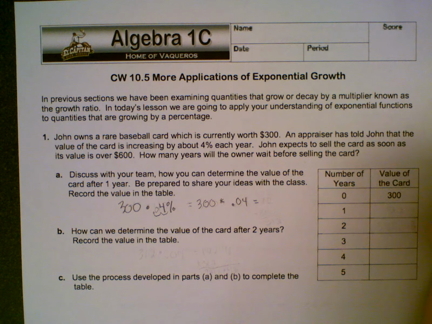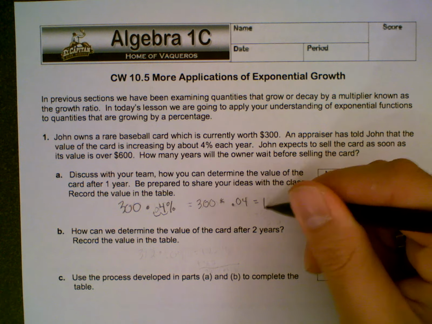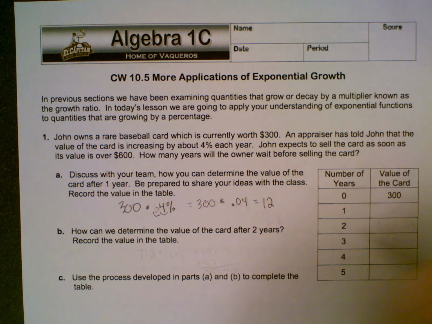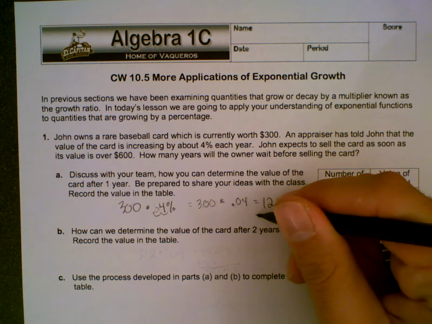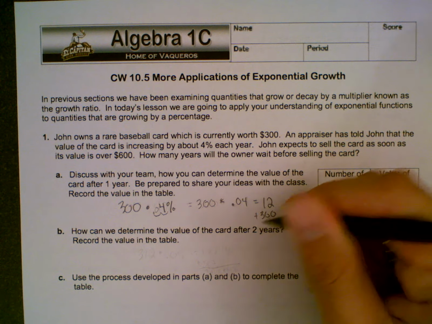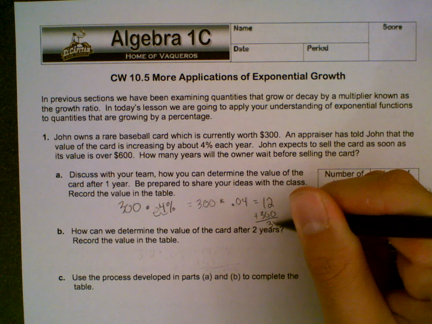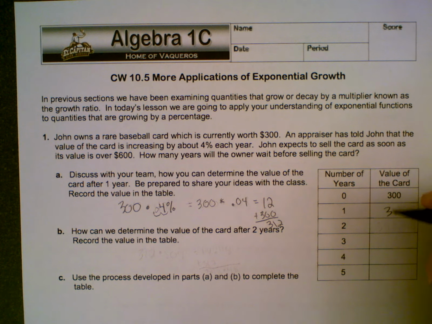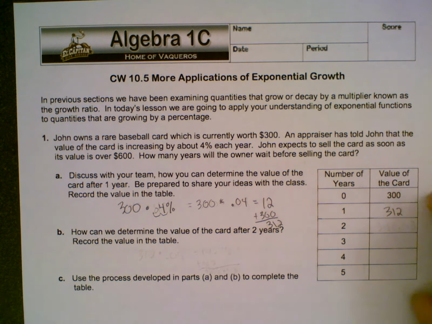If we put that into the calculator, we get 12. That's the amount that it's increasing by, so we have to add that to the original. 300 plus 12 equals 312. So the value of the card after 1 year is 312.